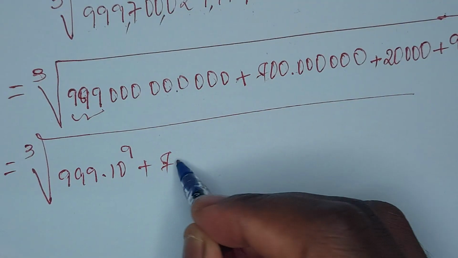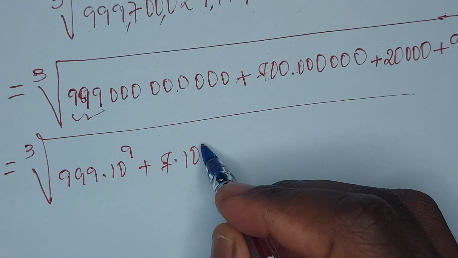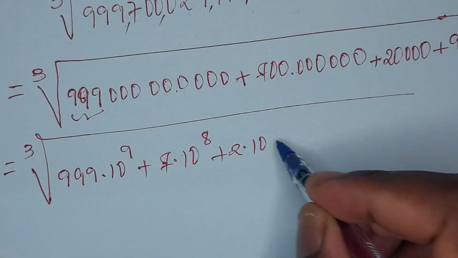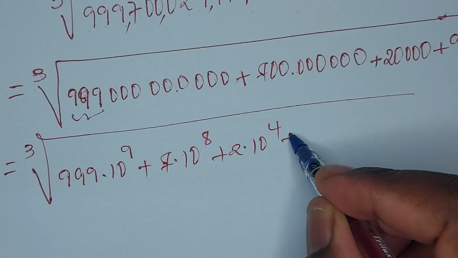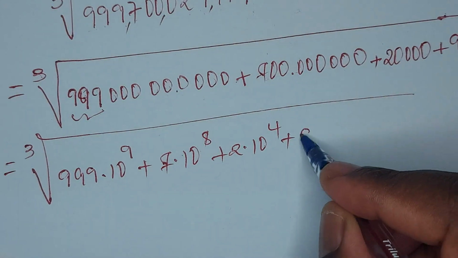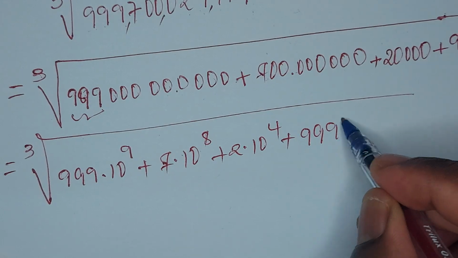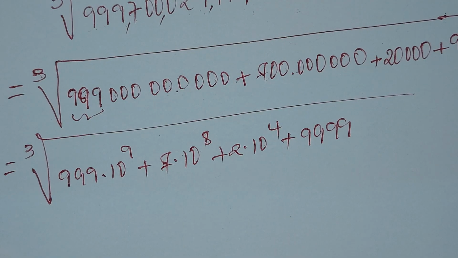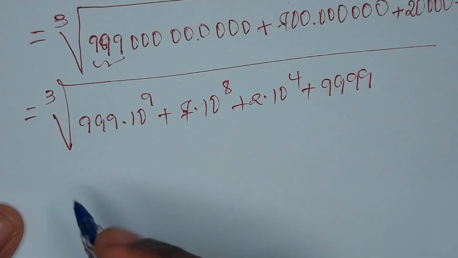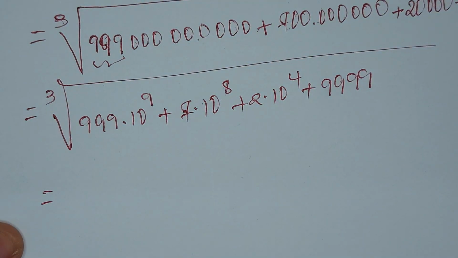We're going to have 7 times 10 to the power of 8 plus 2 times 10 to the power of 4, and then plus this 9,999.